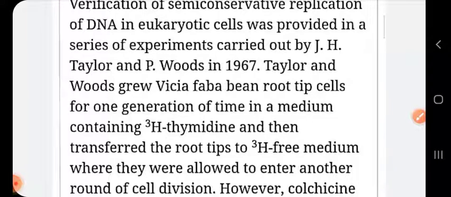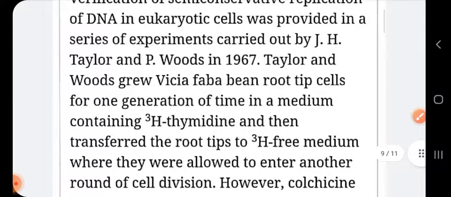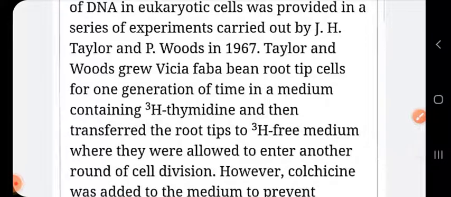They grew the bean root tips known as Vicia faba. Vicia faba is a type of bean, and they grew these root tip cells for one generation in a medium containing H3 thymidine, which is tritiated thymidine.